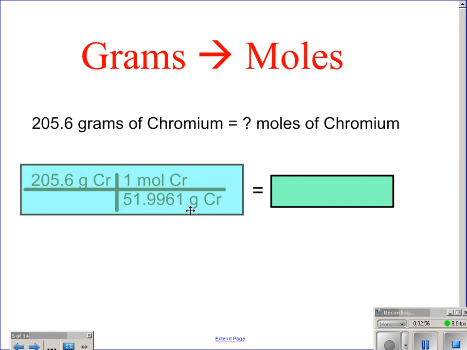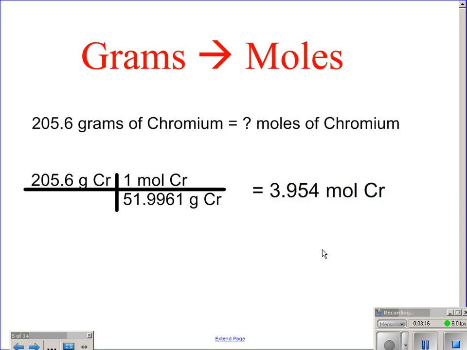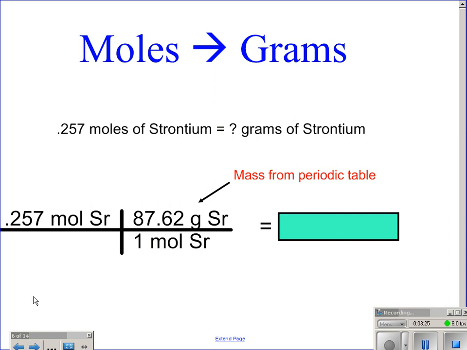So here's what you should have, something that looks like this. We can cancel grams of chromium top, grams of chromium bottom, and we're left with just moles of chromium and some numbers. So 205.6 divided by 51.9961, and you should come up with 3.954 moles of chromium. All right, let's move on to our next type of problem, moles to grams.